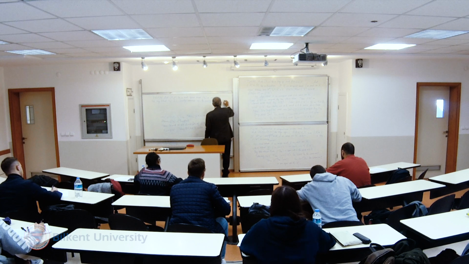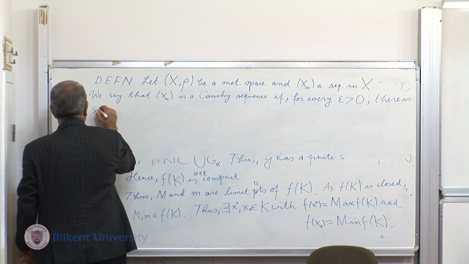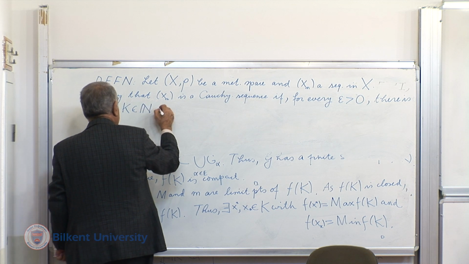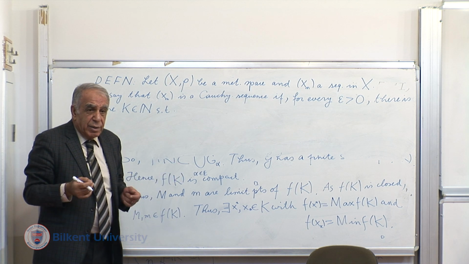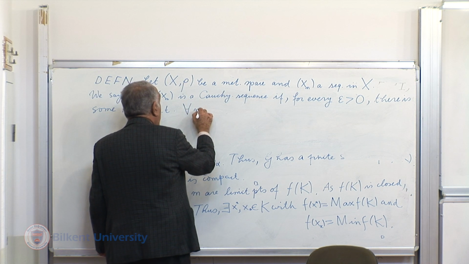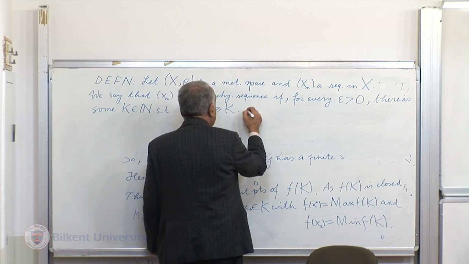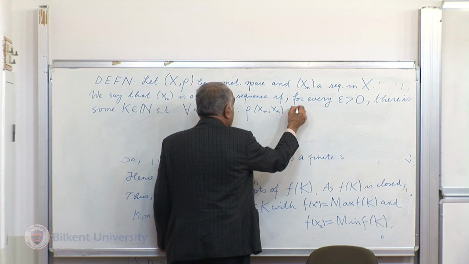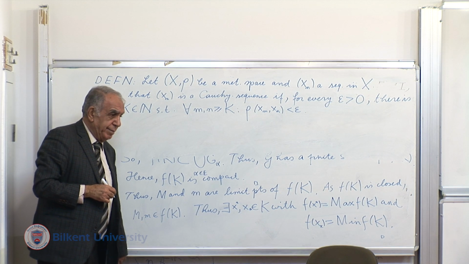There is some k in N such that, now I have no limit, no candidate for the limit, but for any two points, that is, for all m, n both larger than or equal to k, we have that rho(x_m, x_n) is less than epsilon. Okay?